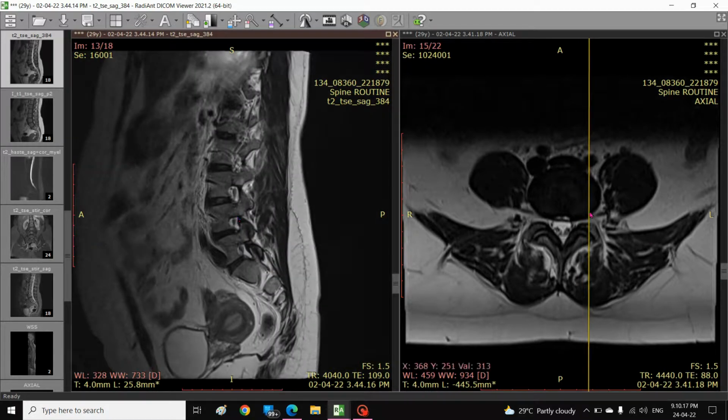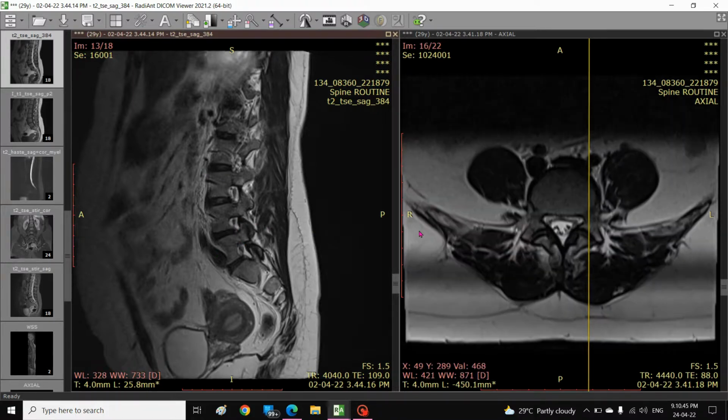So this yellow line corresponds to the left side foramen, which is shown here. In foraminal canal stenosis, this space will be congested. This is the foramen canal between L4 L5, L5 S1 and L3 L4. In fact, the foramen canal is somewhat okay, but you see a slight narrowing here. I'm not sure whether this is the real reason for the pain, but this is my observation.